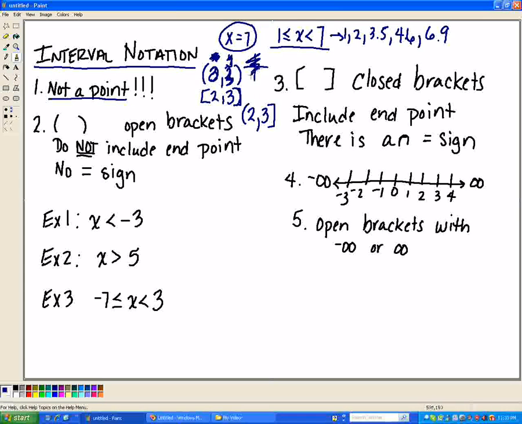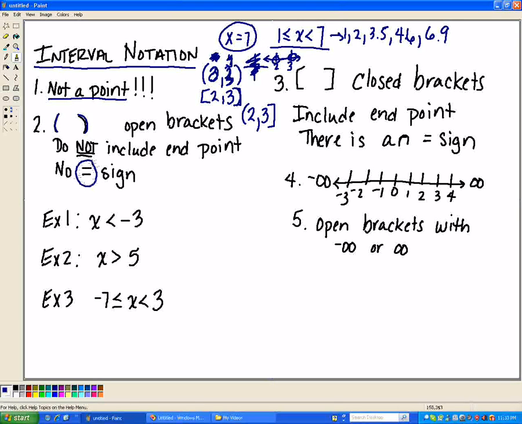It's not a point that we go out and graph. It's telling us, more in terms of the number line, that every value between 2 and 3 could potentially be a solution. So we use open brackets in interval notation, those rounded brackets as shown here, when our endpoints are not included in the solution.